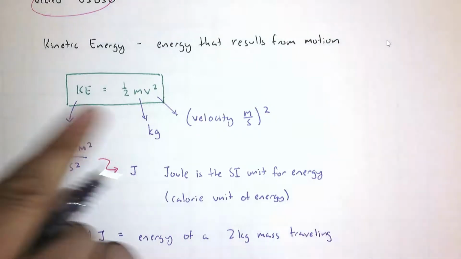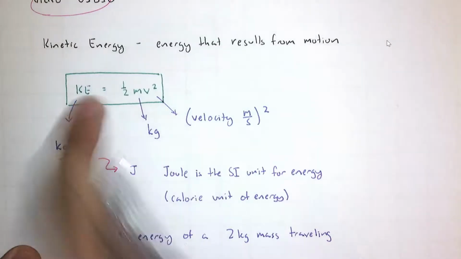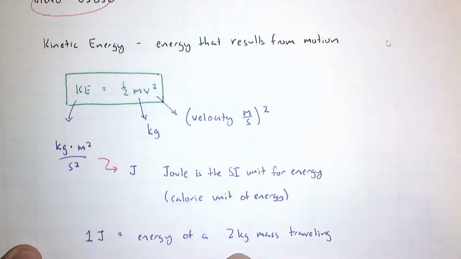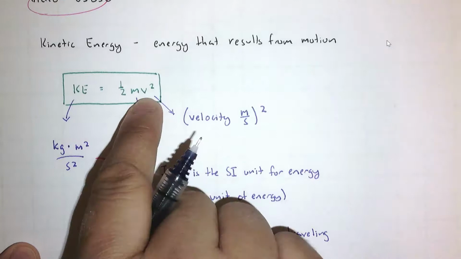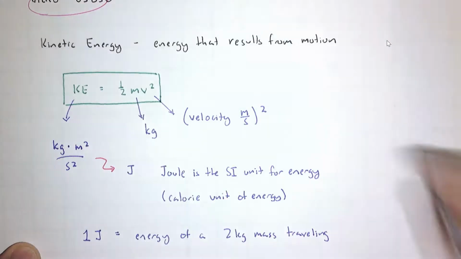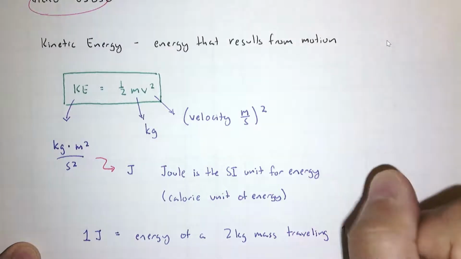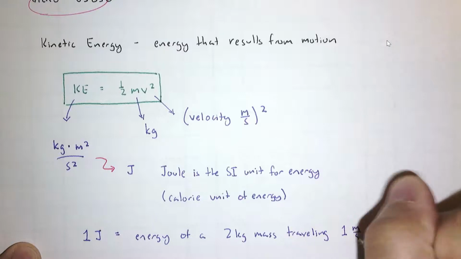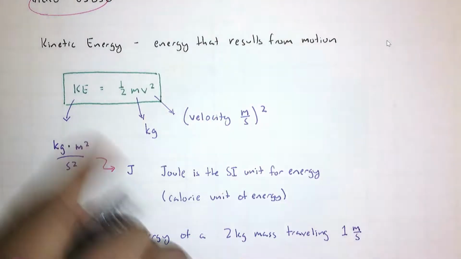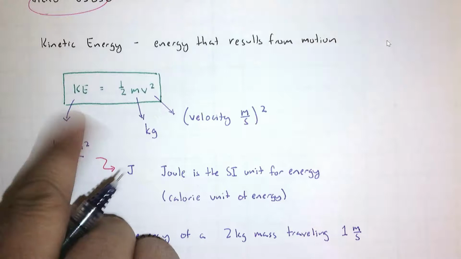Because we want all of this to equal 1. So 1/2 times 2 equals 1, times maybe 1 squared. So traveling 1 meter per second. If you plug in those numbers, you'll get 1 for the kinetic energy, 1 joule.